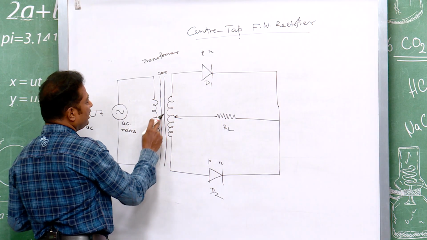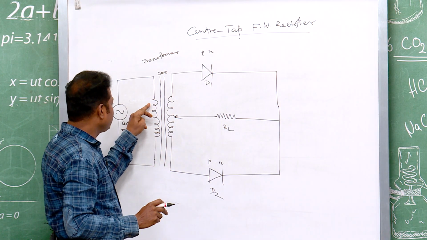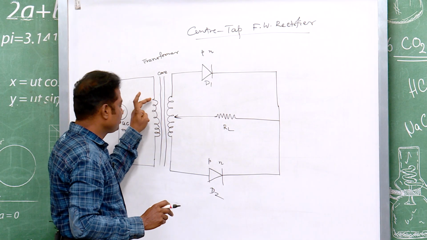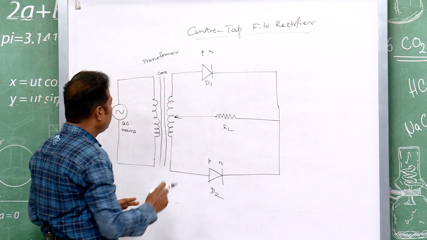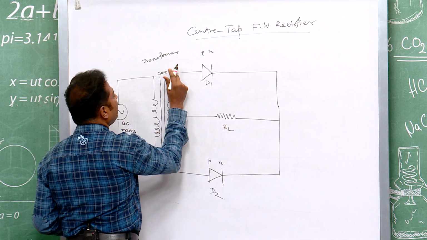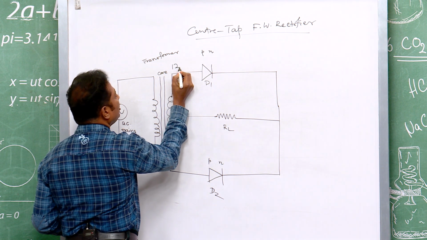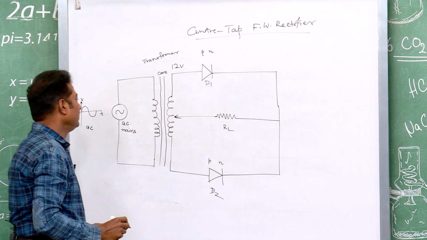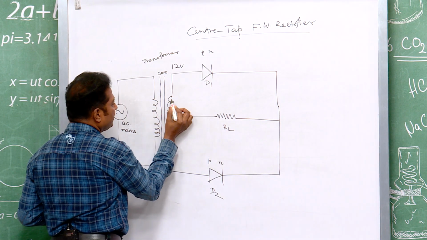This is your core, it will give you the easy path to transfer the flux of this primary coil to the secondary coil, so that the linked flux in the secondary coil will induce your required voltage, say 12 volt. And it is center tap. Why it is called center tap?